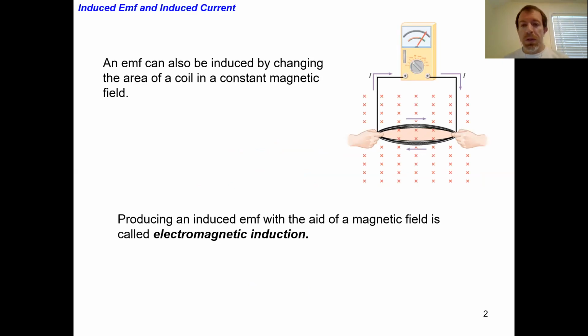In this slide, we've got some loop of wire, and depending on the way that loop of wire is stretched, it changes the number of magnetic field lines penetrating through the area that the coil encloses. So we're going to try to quantify this magnetic flux, this flow of magnetic field through this area.